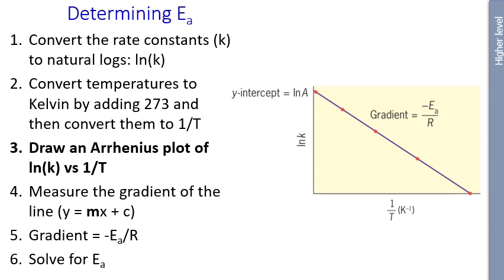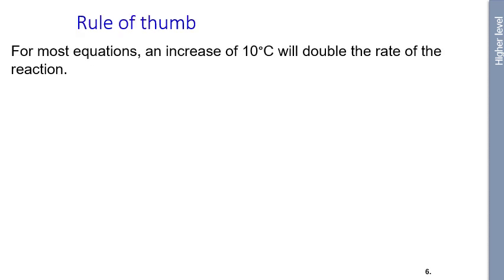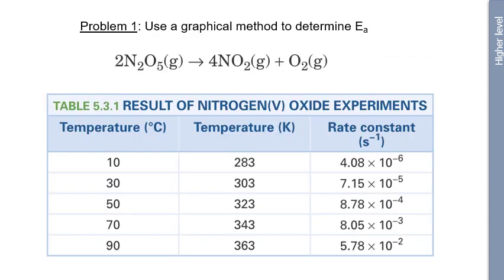By calculating the gradient of the line, this will give you negative the activation energy divided by R, and since we know what the value of R is from the data booklet, you can solve that equation to find the activation energy. For most reactions, an increase of 10 degrees Celsius, or 10 Kelvin, will double the rate of the reaction.